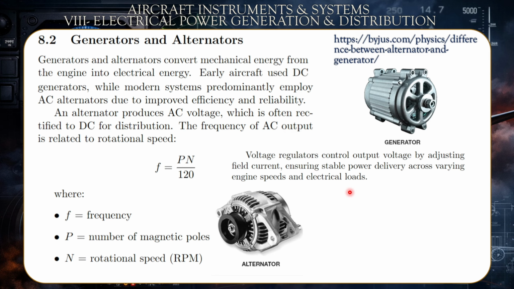Otherwise, you might burn up or fry an electronic board. This is why the regulators are necessary. If I may add another thing concerning the alternators: unlike the generator, which uses a commutator, these use slip rings in order to generate power.